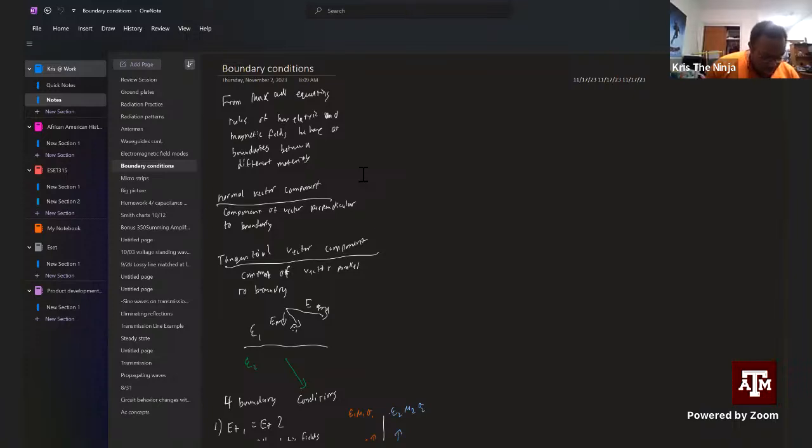From the Maxwell equations, you find the rules of how electric and magnetic fields behave at boundaries between different materials.